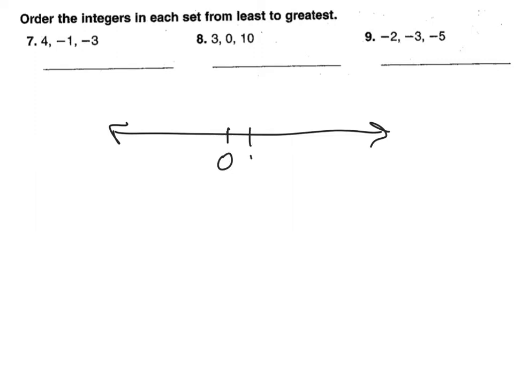Remember, to the right, I'm going to count up 1, 2, 3, 4, 5, 6, and so on. And counting down on the left side, -1, -2, -3, -4, and so on. So now I can go ahead and plot those numbers.